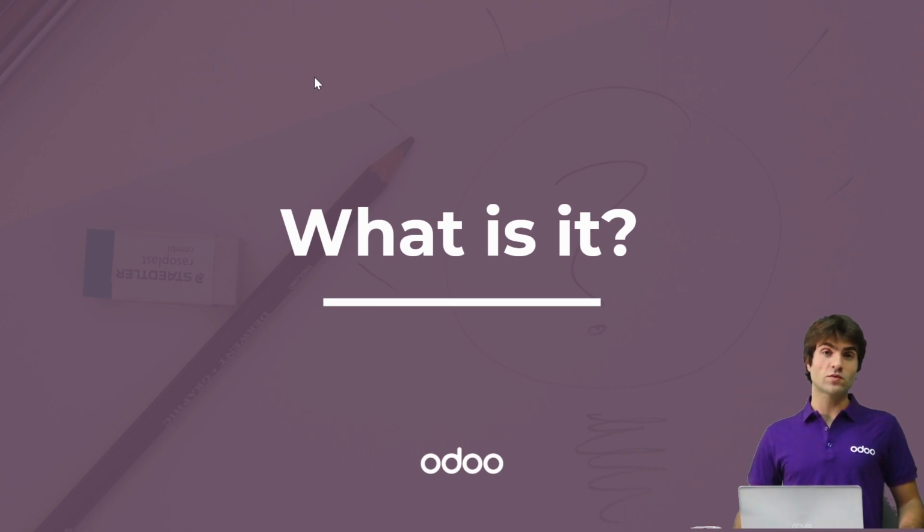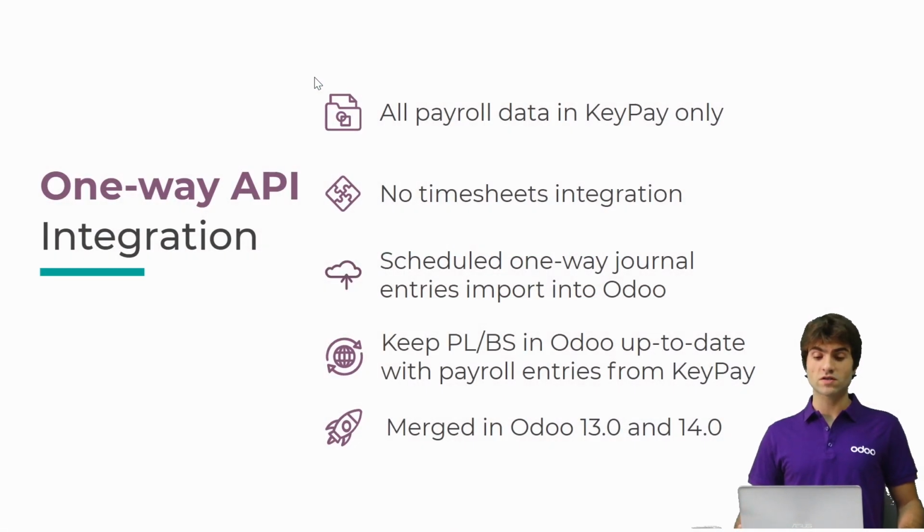As Odoo Enterprise doesn't comply itself with this Australian regulation, we decided to start this collaboration with KeyPay and make sure that all our Odoo Enterprise users in Australia will be able to be compliant with this regulation by just having an Odoo account, a KeyPay account, and using our built-in, free of charge integration between Odoo and KeyPay. So let's move on to see how it works.